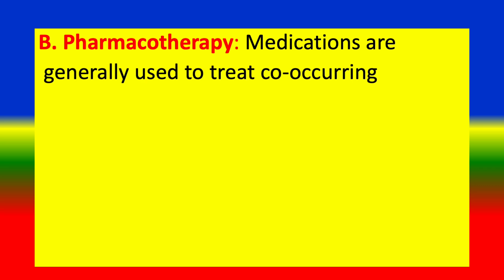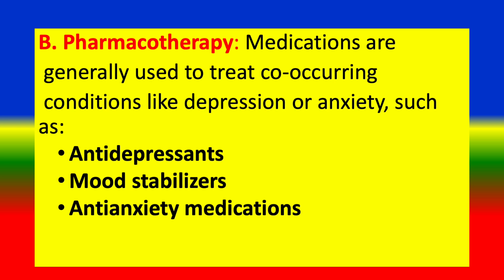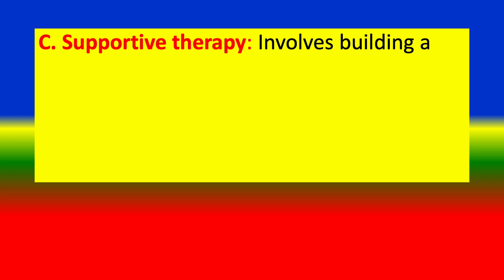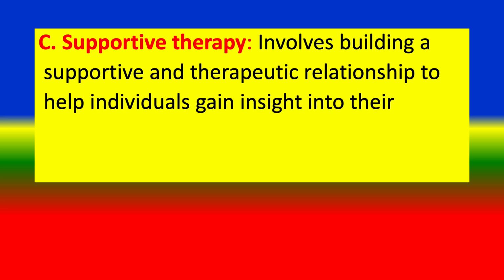Medications are generally used to treat co-occurring conditions like depression or anxiety, such as antidepressants, mood stabilizers, and anti-anxiety medications. C, supportive therapy involves building a supportive and therapeutic relationship to help individuals gain insight into their behaviors.